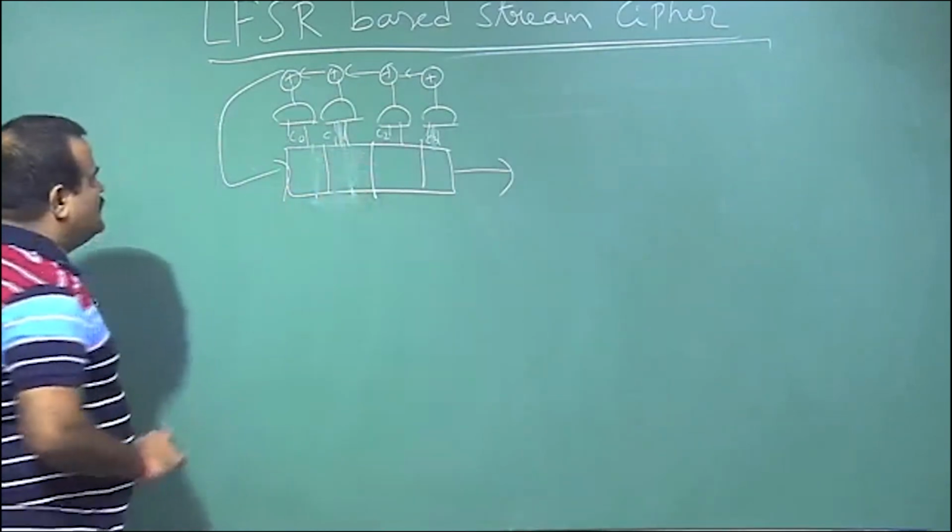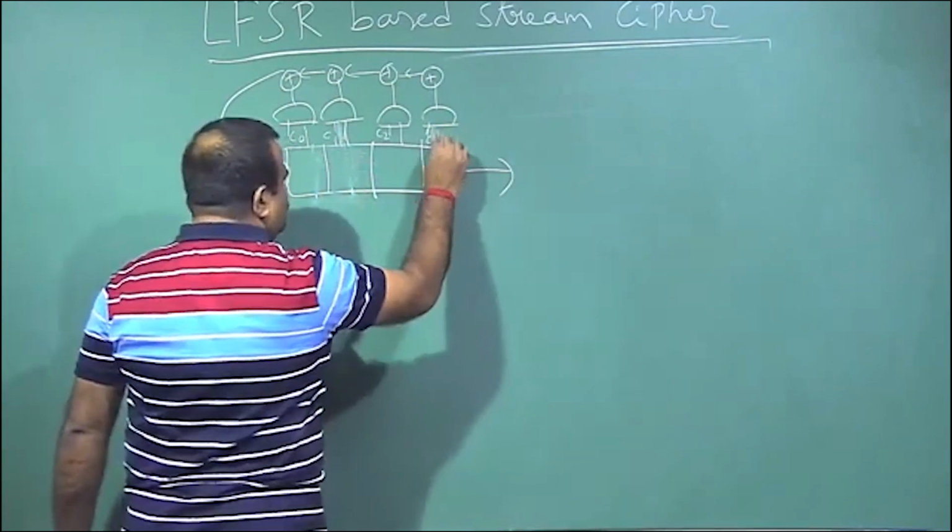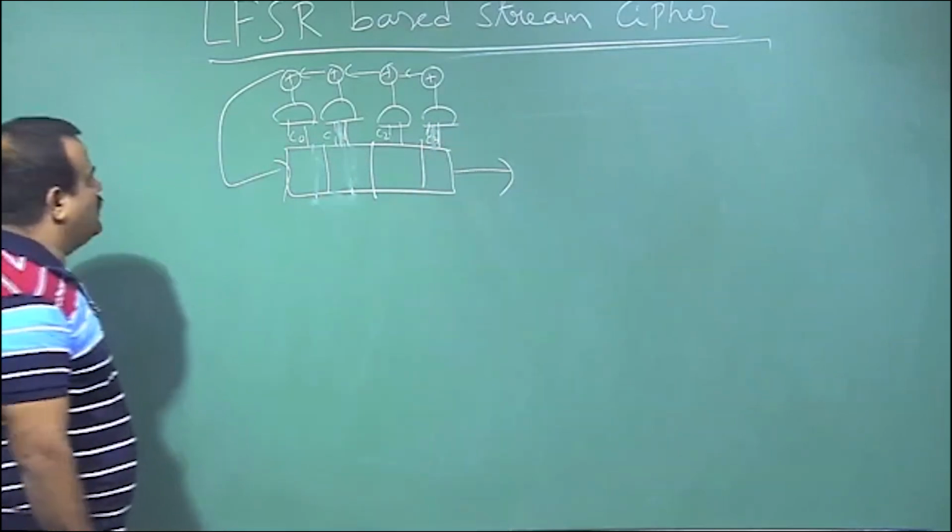This is a 4 bit LFSR, but the Ci are either 0 or 1.